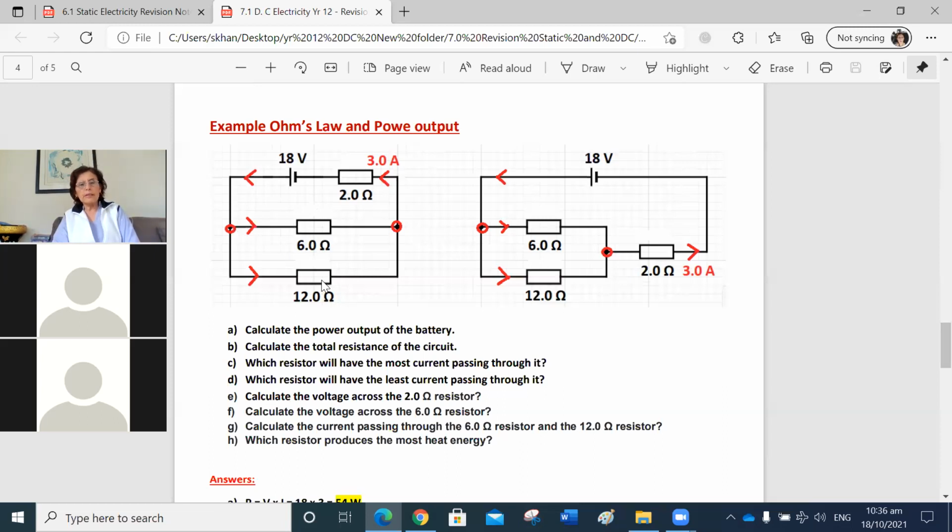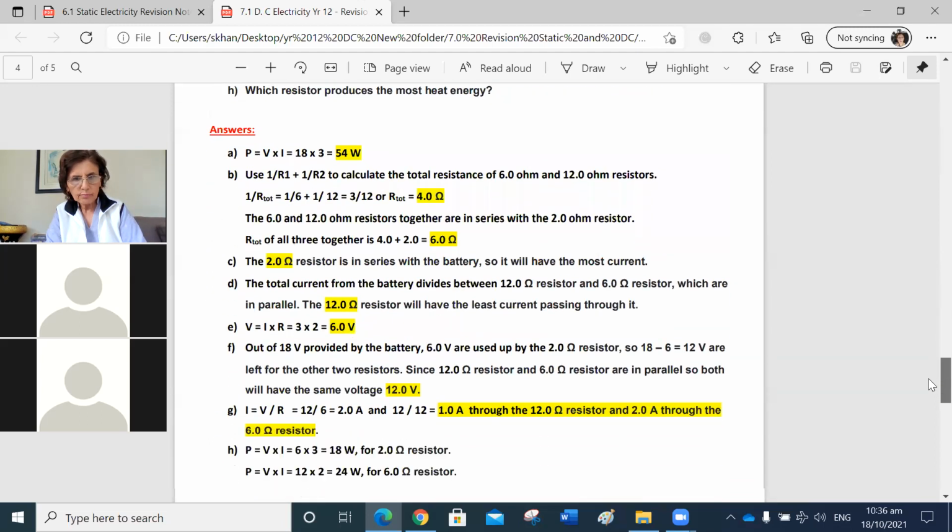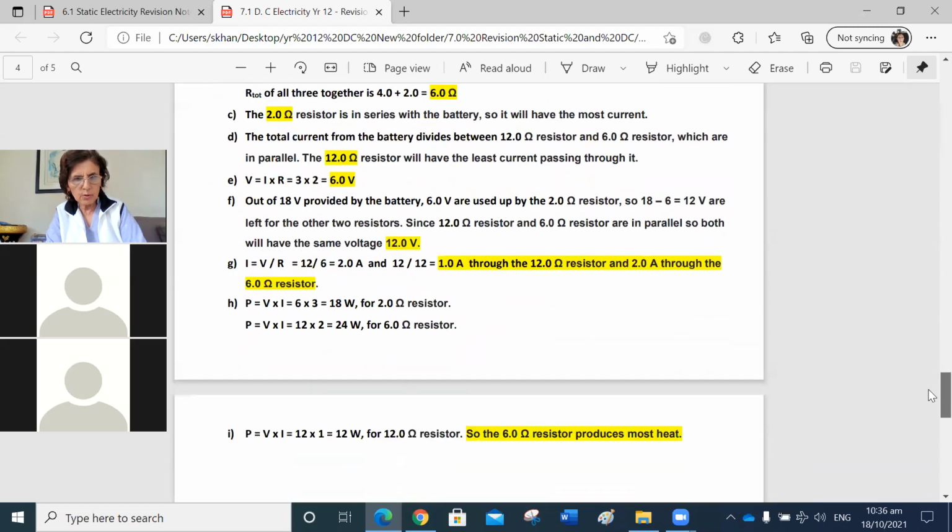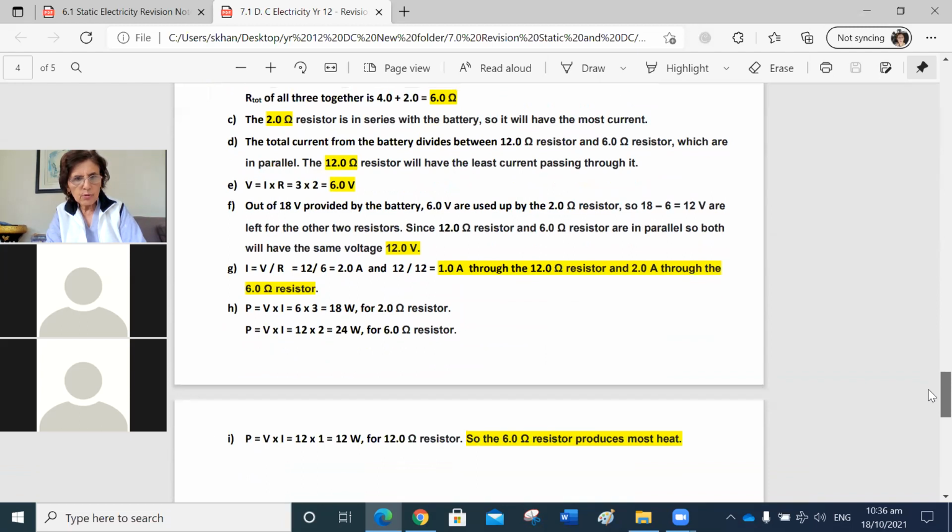Another thing that you could be asked is, which resistor is producing the most heat energy? We will need to do some calculations for power, which I have done in this question over here. For the 2 ohm resistor, the current is 3 amp and the voltage is 6, so 6 times 3 is 18 watts.